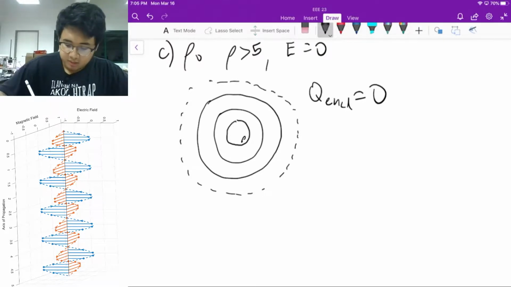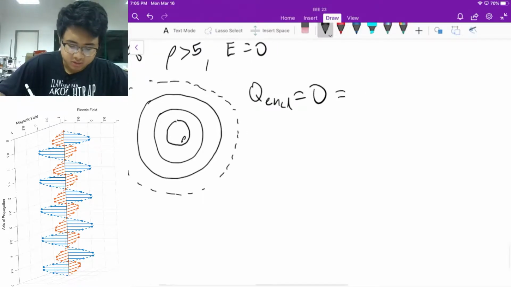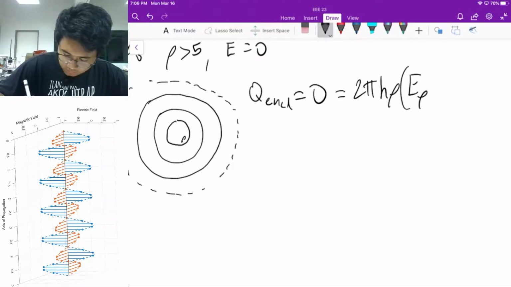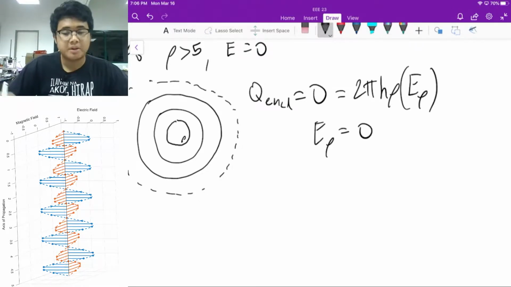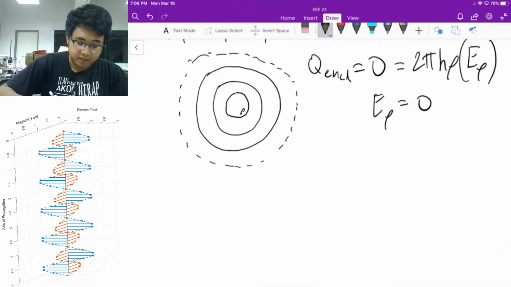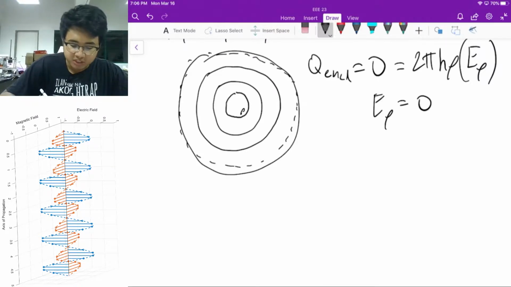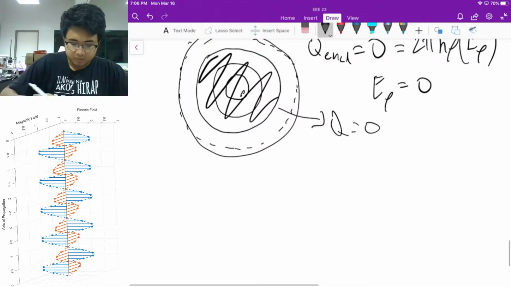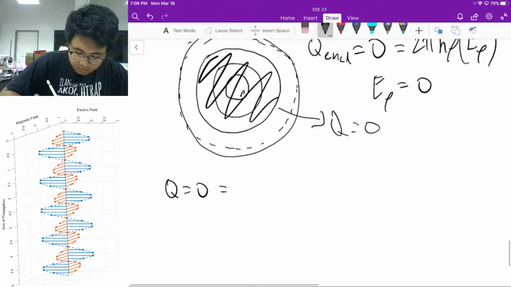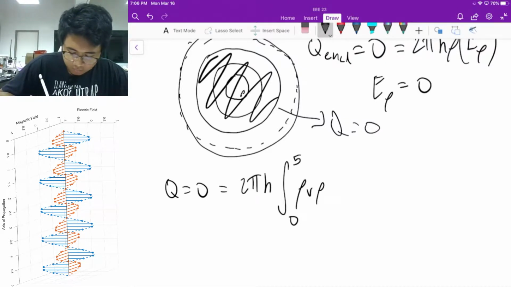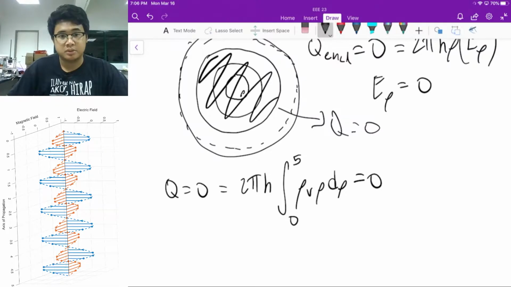By consequence, you have 2 pi rho h times the electric field rho component equal to 0. So we want the total charge inside your distribution to be equal to 0. So Q equal to 0, which is 2 pi times h times the integral from 0 to 5 of rho v rho d rho should be equal to 0.